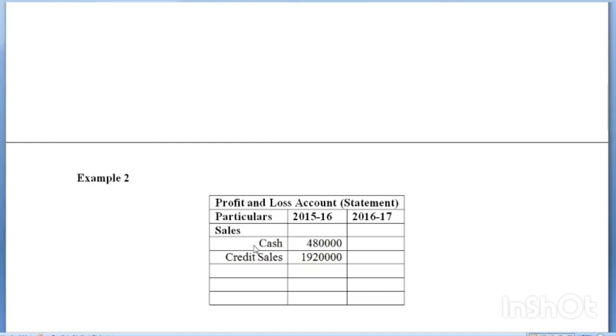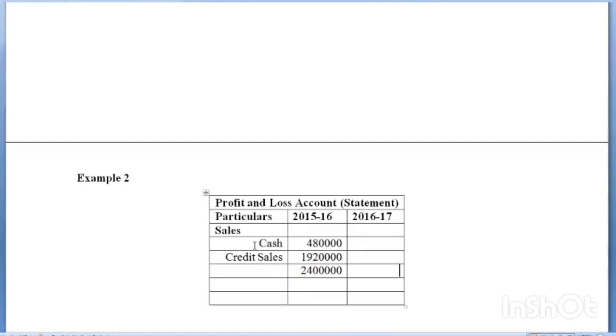Now let's check it. What is 25% of 19 lakh 20,000? It is 4,80,000. Now your condition is satisfied. Correct. So 24 lakh is the total sale.